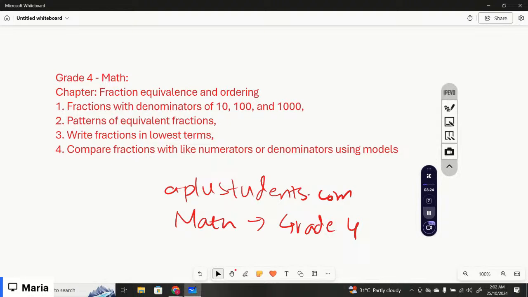We're going to start with the chapter fractions, equivalence and ordering. The lessons we're going to cover today are fractions with denominators of 10, 100, and 1000, patterns of equivalent fractions, write fractions in lowest terms, and compare fractions with like numerators or denominators using models.